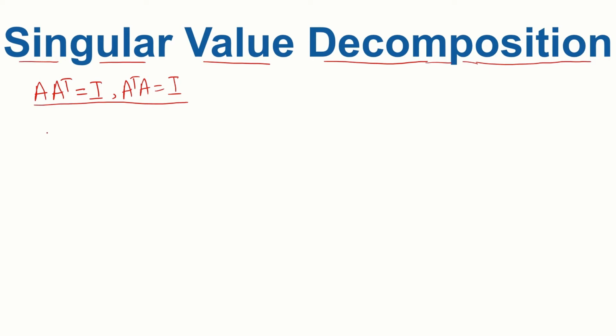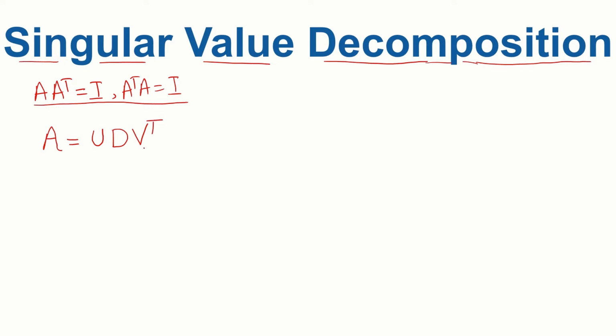Singular value decomposition. The idea is the following. Given any matrix A, maybe a square matrix or maybe a non-square, rectangular matrix, can you decompose the matrix in the following form, where you have U as some matrix, S, or sometimes written as D, and V transpose.